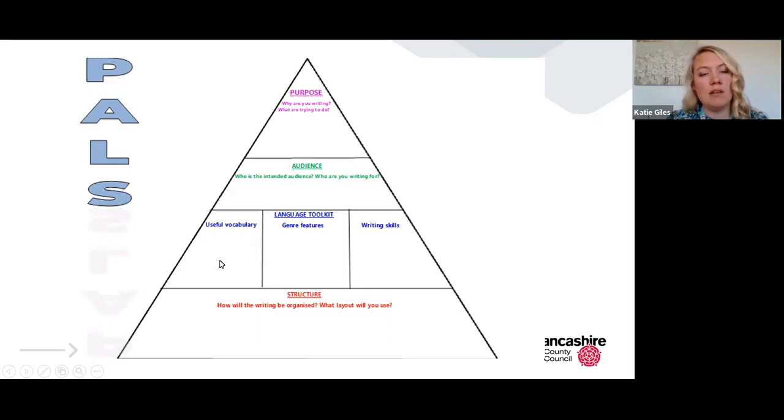So any useful vocabulary that we can identify, or if we're about to write our own, what useful vocabulary might we use, any specific genre features, and any specific writing skills that would lend themselves nicely to that text type. And at the bottom of the pyramid we have a section for structure. So how will the writing be organised? What layout will you use if children have to write their own? And if we're analysing text, we can have a really close look at how that text has been structured. So it's a really useful resource to have in your classroom and to use with your children.